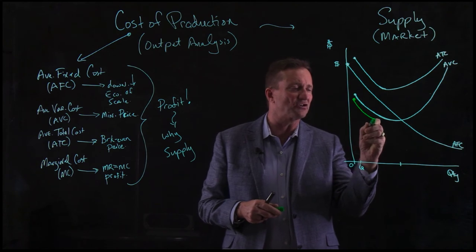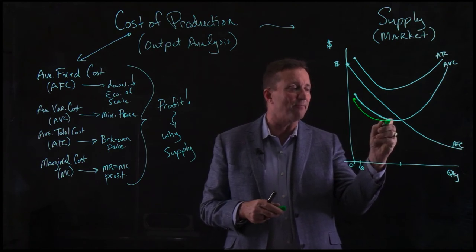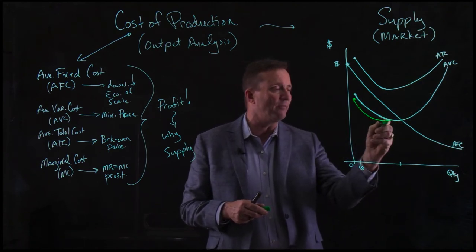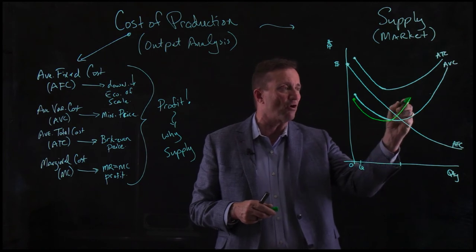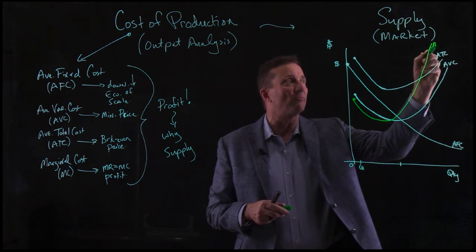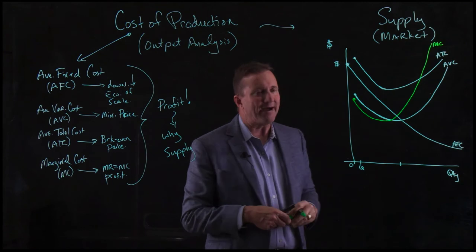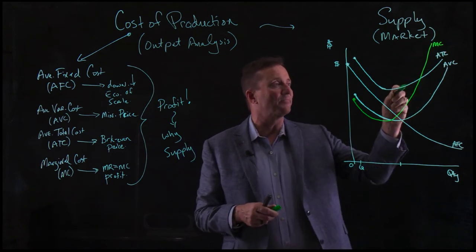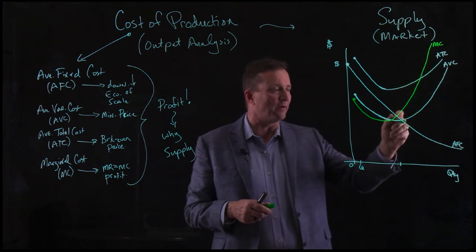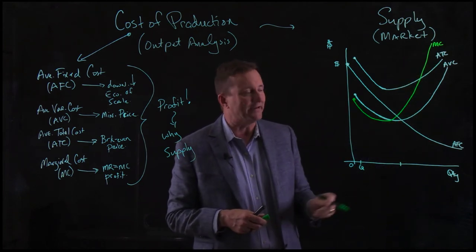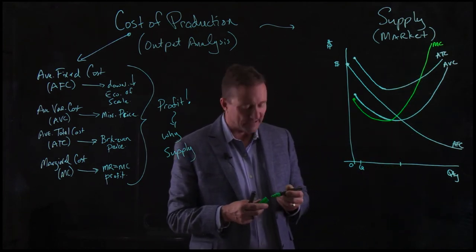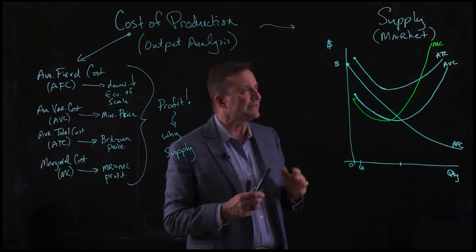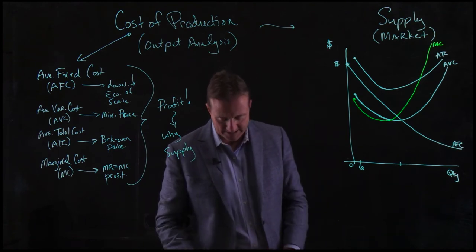In fact, it's going to drop, and it's going to come right down here to the bottom of our average variable, somewhere here, and then it's going to rocket up. And that's called marginal cost. Now, why is it rocketing up? Well, it's rocketing up because variable's going up, total's going up because of variable. Fixed is still dropping, but it's becoming less important to us. And so marginal cost is kind of an area there that I would like to focus on.